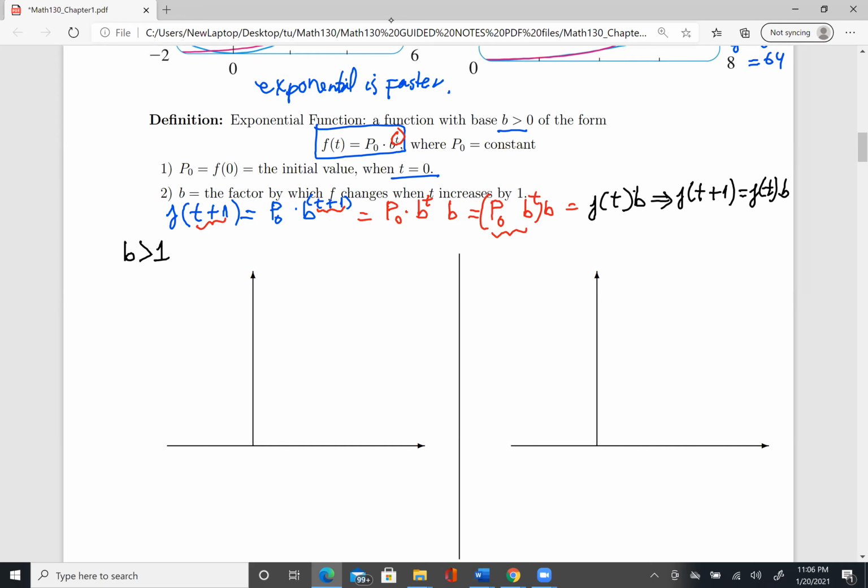You should see the graph of the exponential function looks like it's increasing from 0 and going up. The y-intercept over here is the point 0 comma p0.